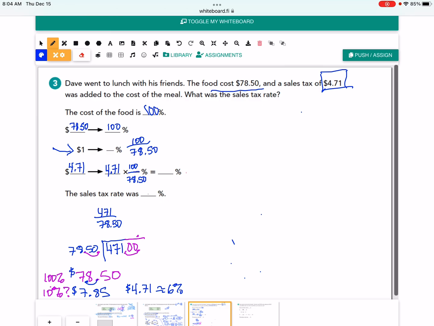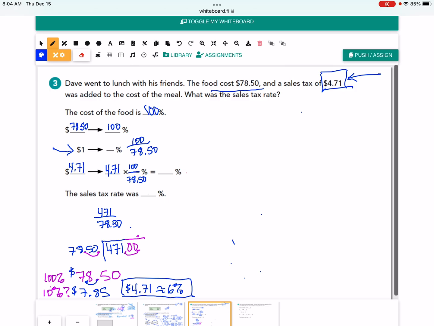That's just my estimation here, based on the fact that 10% is about $8, and half of 10%, 5%, would be about $4, and we're looking at more than $4. So I'm going to say it's probably about 6.